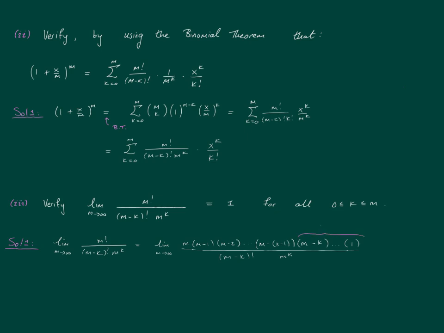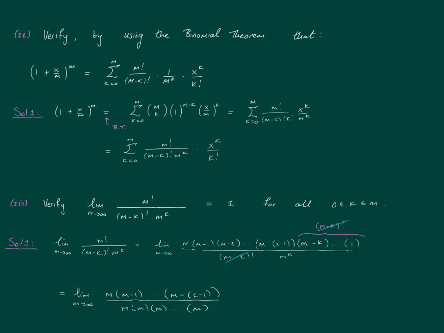Now we see that this piece that I've highlighted is m minus k factorial. So this piece cancels with the m minus k factorial that we have in the bottom. And we're just left with the limit as m goes to infinity, and now it looks like the part 3 that's in the typed notes, all the way down to m minus k plus 1, all over m to the k, which is just m times itself, k times.